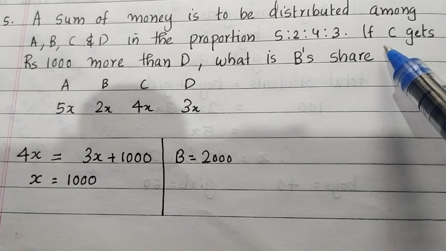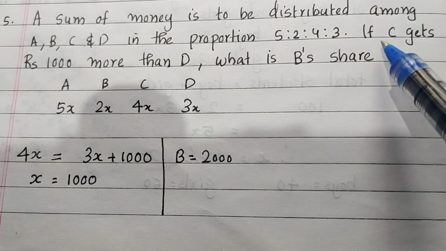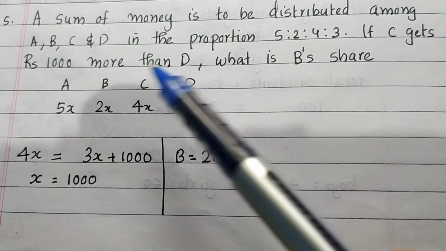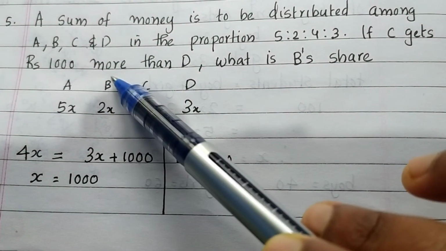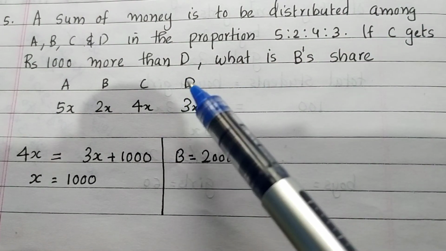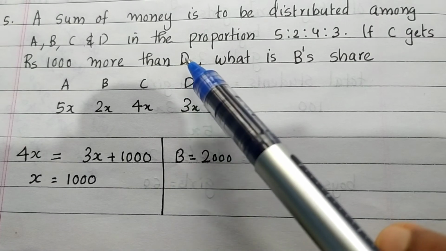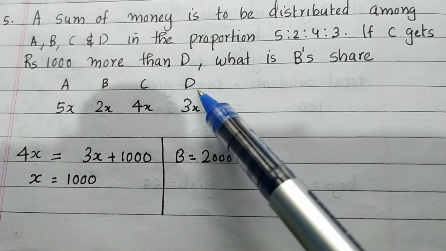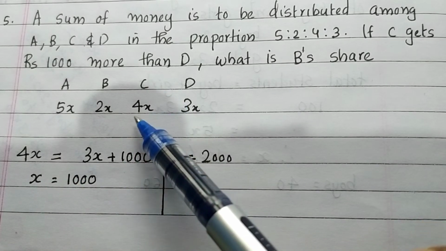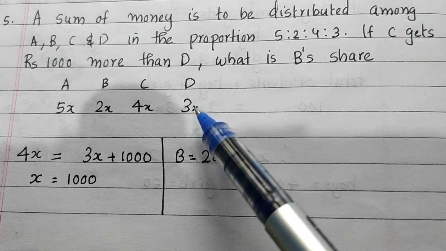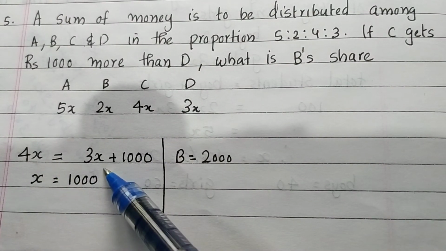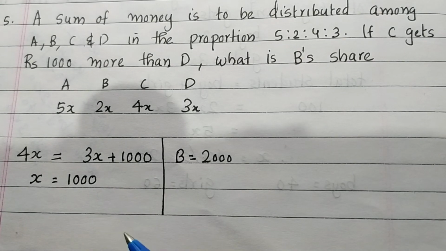So here we are given the relation. If C gets ₹1,000 more than D, what is B's share? We have to find out the value of B here, and we are given a relation between the value of C and D. If we add 1,000 to the value of D, then we will get the value of C. So what is the value of C? 4x. 4x is equal to 1,000 more than the value of D. So 4x is equal to 3x plus 1,000.